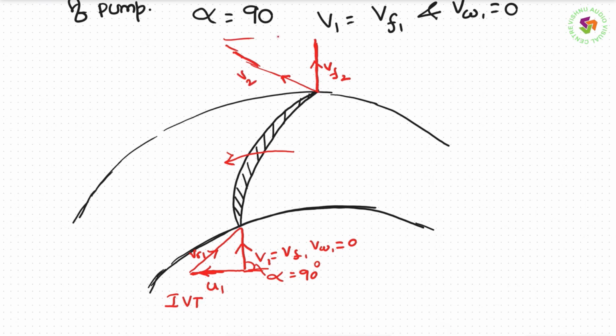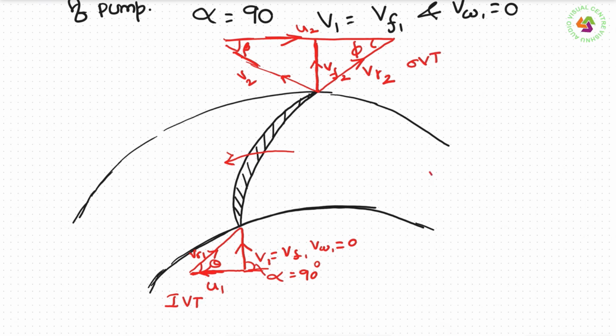And this is U2 and this will be VR2. This angle is beta, this angle is phi. The VR1 makes with horizontal, this is theta. This is the outlet velocity triangle.